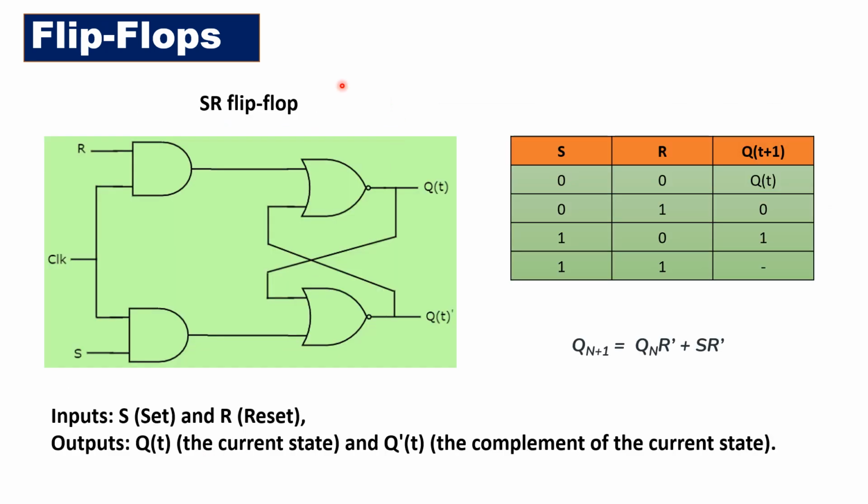The SR flip-flop is a synchronous bistable circuit that operates in response to clock signals either on the positive or negative edge of the clock pulse. It has two inputs, labeled set and reset, and two complementary outputs, Q of t, the current state, and Q dash of t, the complement of the current state.